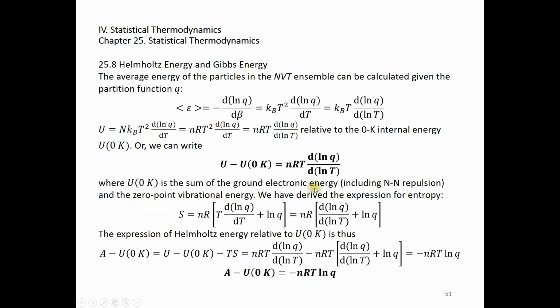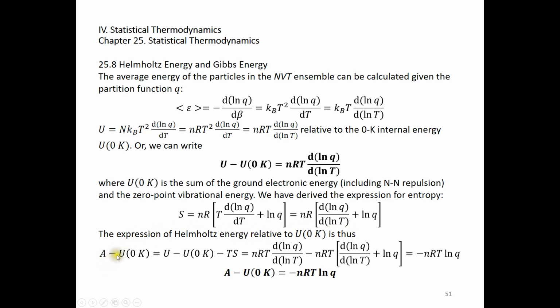We have also derived this expression for entropy. Entropy is equal to nR times d ln q over d ln T plus ln q. Given U and given S, we can get the expression of the Helmholtz energy of the system.